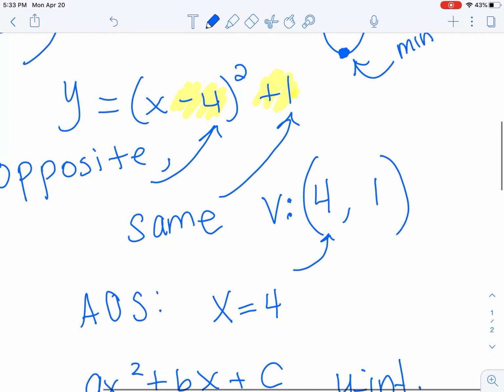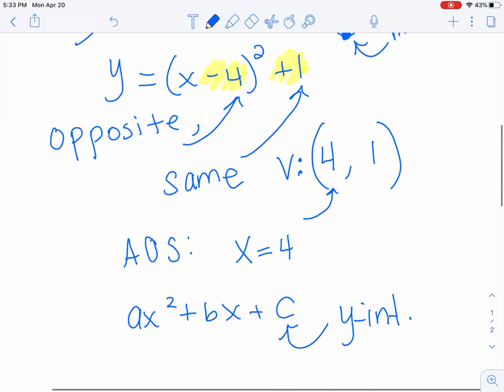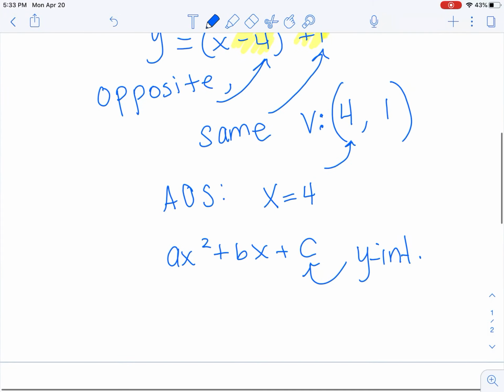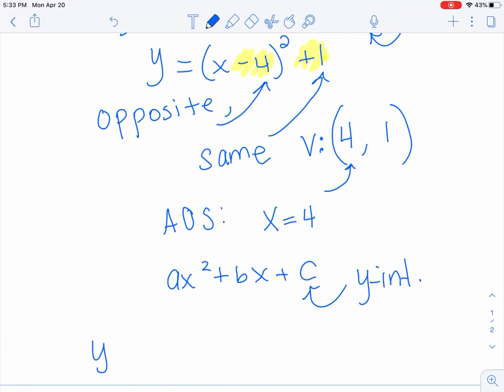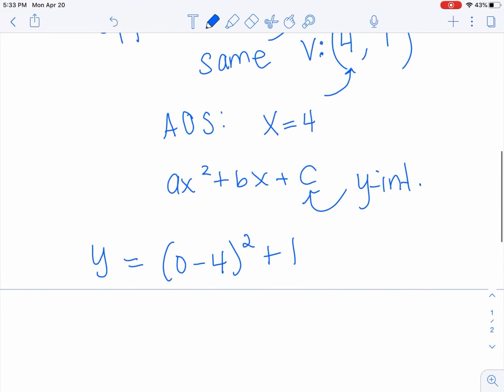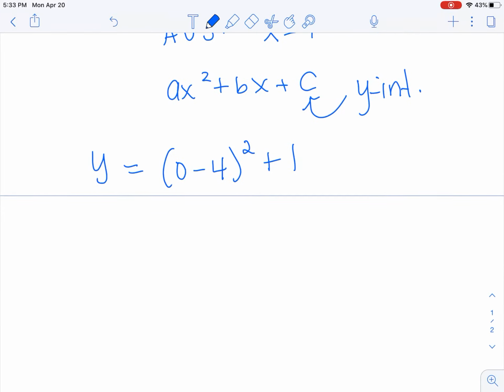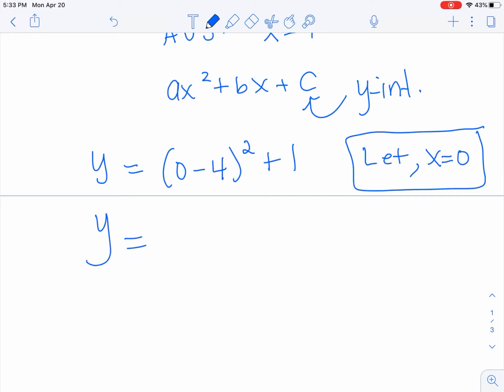If it was in standard form, then it would be c. So to get the y-intercept, we let x equal 0 and plug it into the original equation. So it's going to be y equals (0 minus 4) squared plus 1. So we get y equals (-4) squared plus 1.